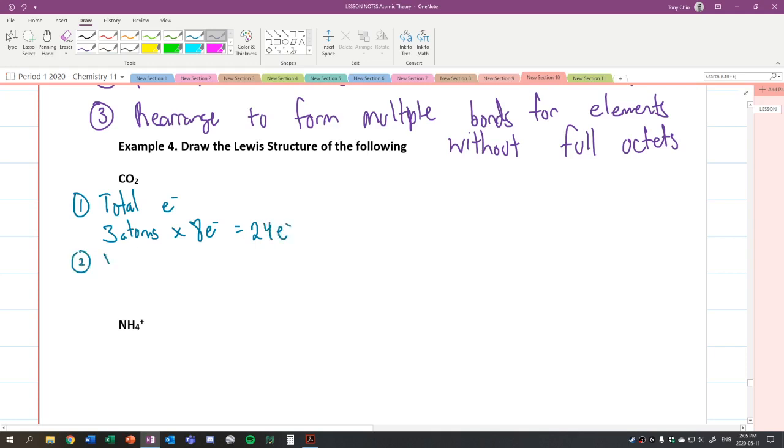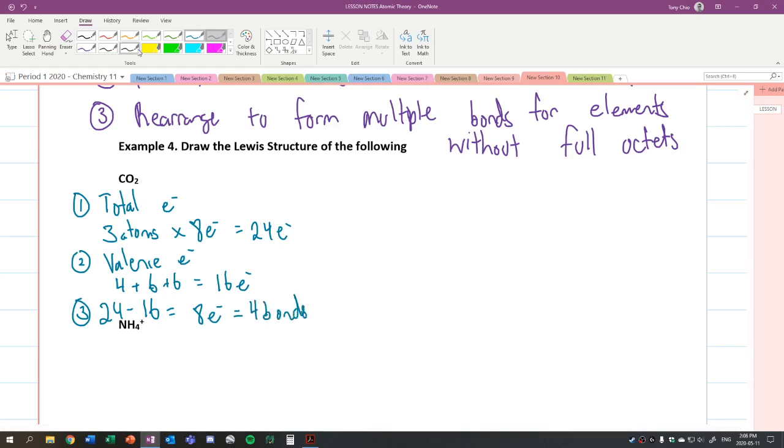Number 2, how many valence electrons does each one have? Well, let's take a look. Carbon has 4. Oxygen has 6, and there's 2 oxygens. So in total, we should have 16 electrons. Step 3, find the number of bonds. 24 take away 16, that is 8 electrons in bonds, which means we should have 4 bonds.